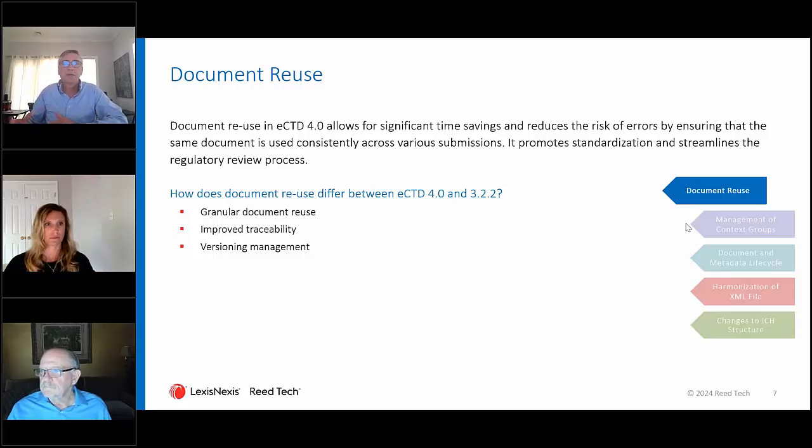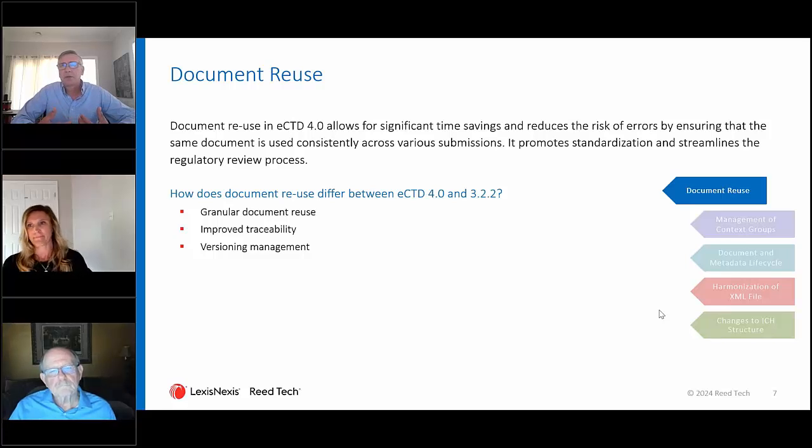The flexibility that you're now gaining from the use of the ID in the document is great from the eCTD standpoint and the referencing, but I just wanted to bring that forward, is that where focus really comes into play now is making sure you have a good understanding of where a particular document is being used across different submissions, so that way you have the correct amount of collaboration when it comes to changes, where a change in a particular piece of content that's being shared is a change that's relevant to the things being shared.